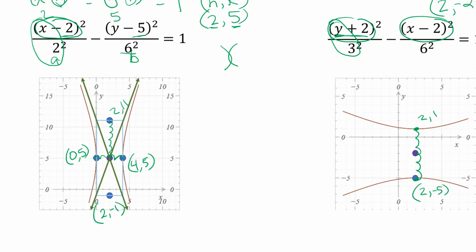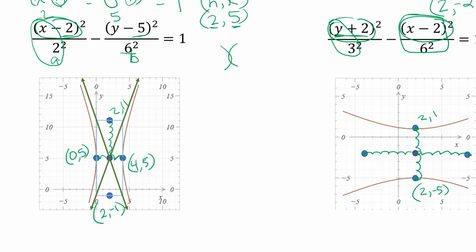Now to find the covertex, I'm going to look over here at my X component, and that's 6. So I'm going to count over, and it looks like I'm marked off by 1. So I'm going to count over 1, 2, 3, 4, 5, 6. And there it is. And then 6 on the other side. 1, 2, 3, 4, 5, 6. And there it is.